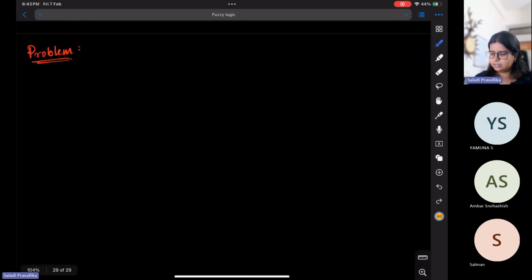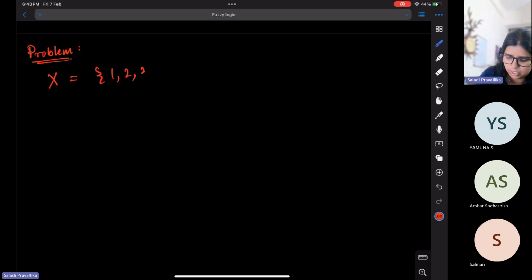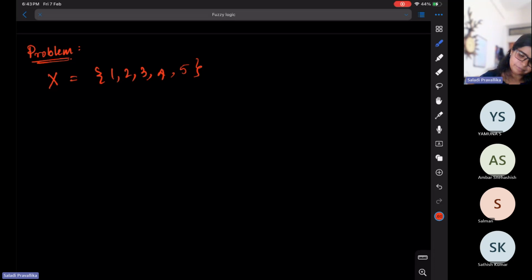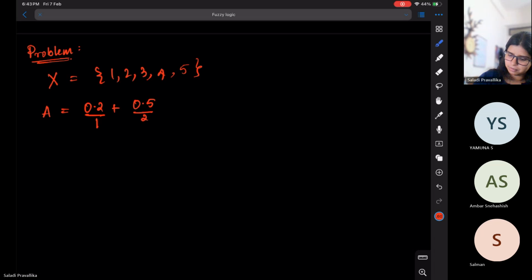Okay, let's go ahead with our problem. So I have a universe of discourse, capital X, equal to 1, 2, 3, 4, and 5. So I have 5 X values, and let us take two fuzzy sets. Set A is equal to 0.2 by 1 plus 0.5 by 2 plus 0.8 by 3 plus 1.0 by 4 plus 0.6 by 5.